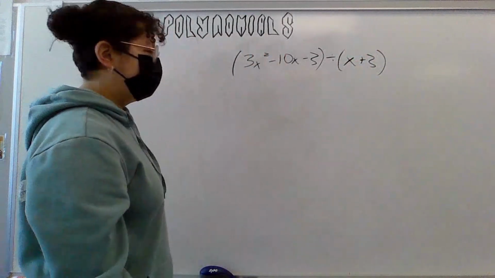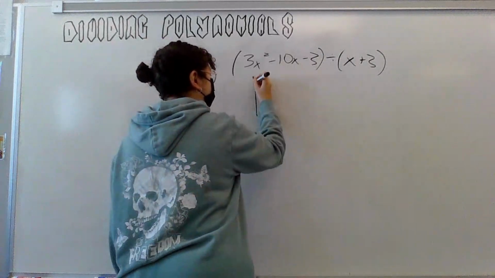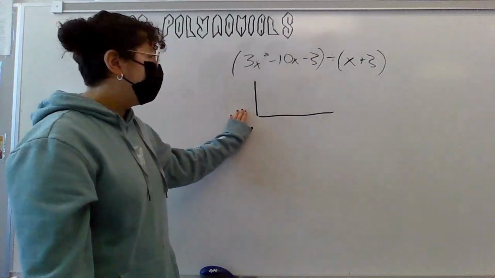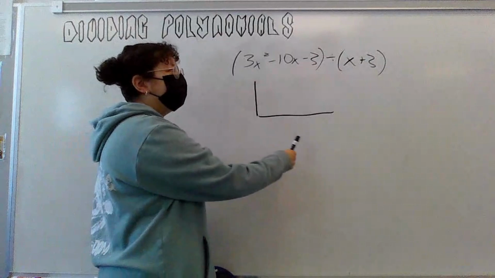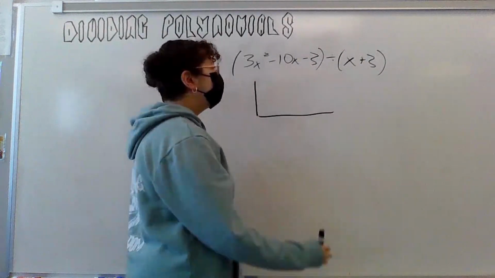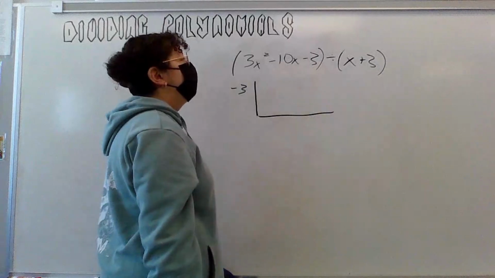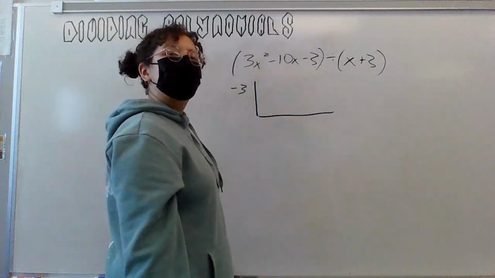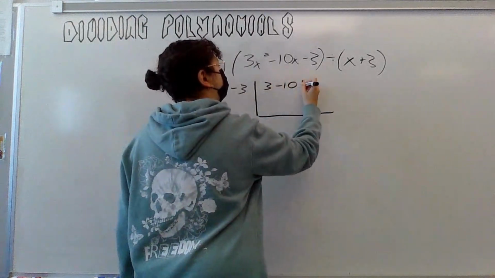To solve this, you can draw a box, and what goes on the outside is your divisor. It's going to be the opposite of the number, so positive 3 turns into negative 3. Along the top, you just write the coefficients of the polynomial. So 3, minus 10, minus 3.